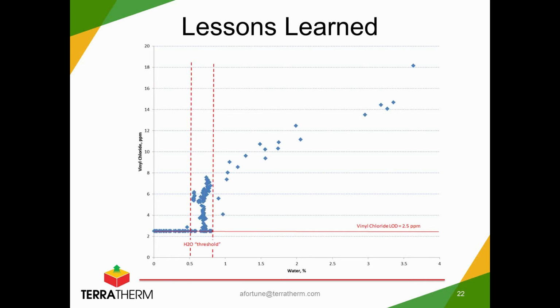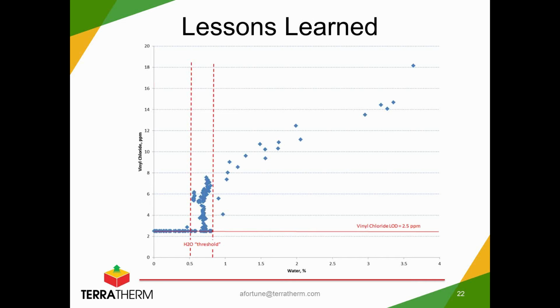Between 0.5 and about 0.75, things got a little crazy in that we had some varied responses. Sometimes it was still at that limit of detection. Sometimes you were seeing up to 8 ppm vinyl chloride as sort of a false positive.